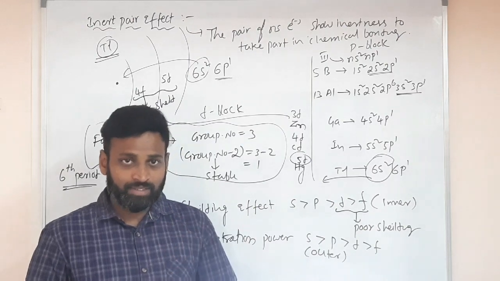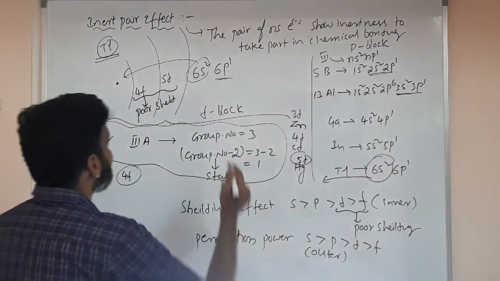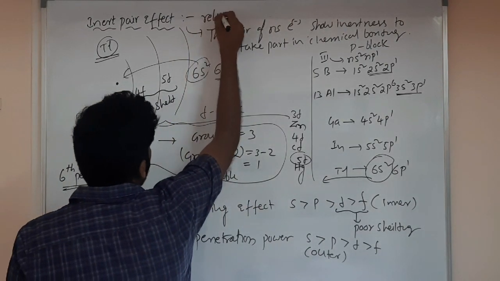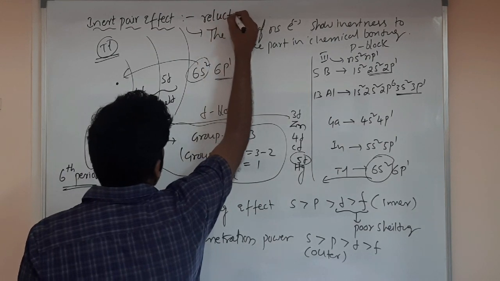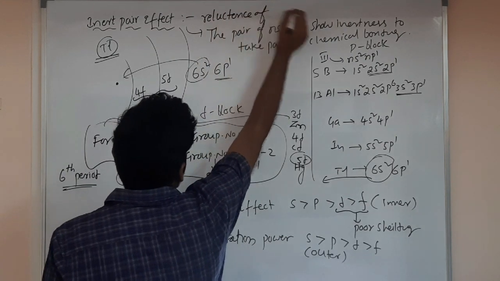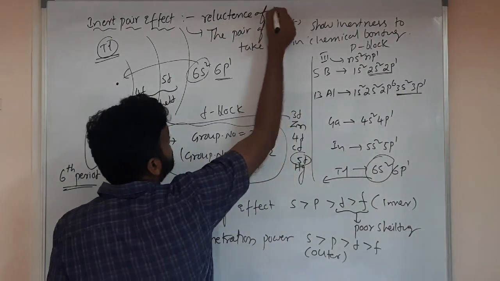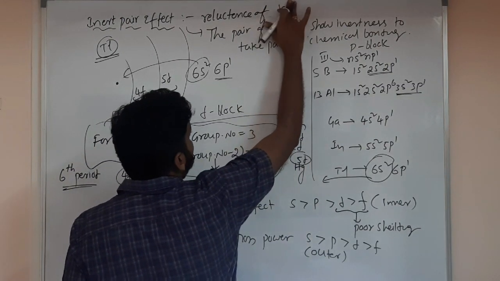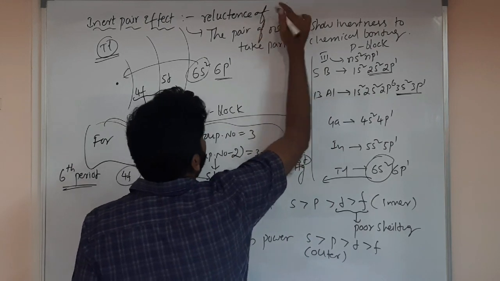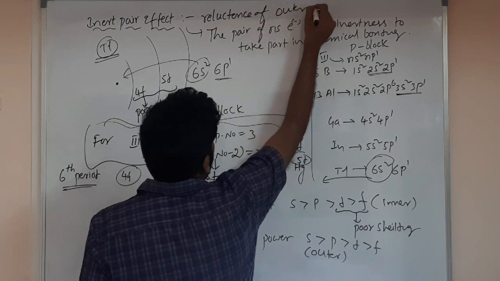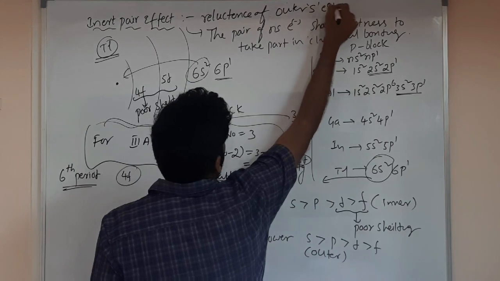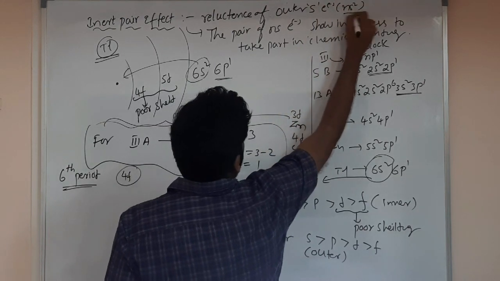What is the inert pair effect? The reluctance of outer s electrons, how many? ns2.